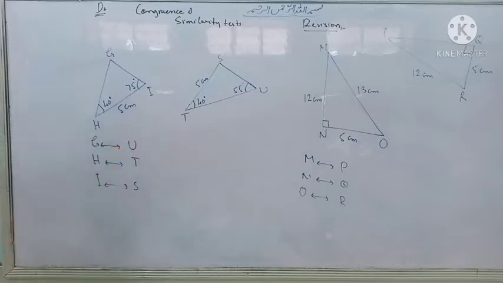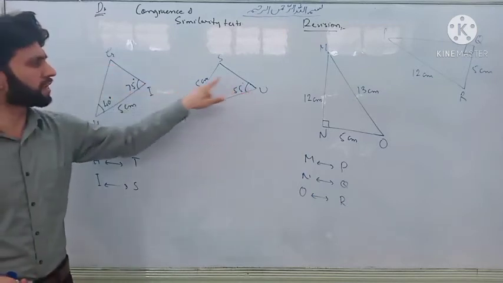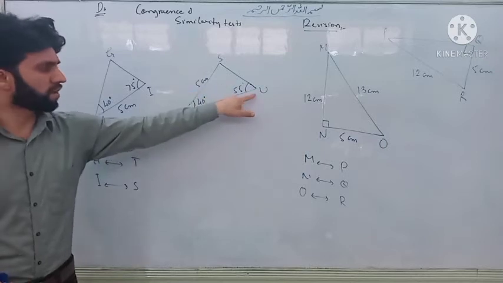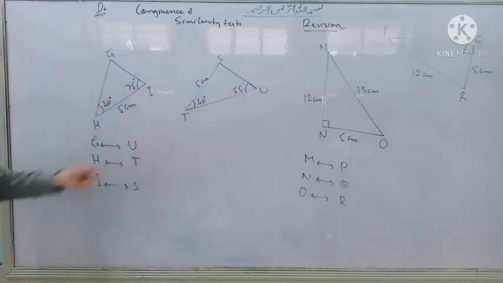So first of all, G has the corresponding vertex of U, because G is in front of 5 and here U is in front of 5. So G and U are the corresponding vertices, right?